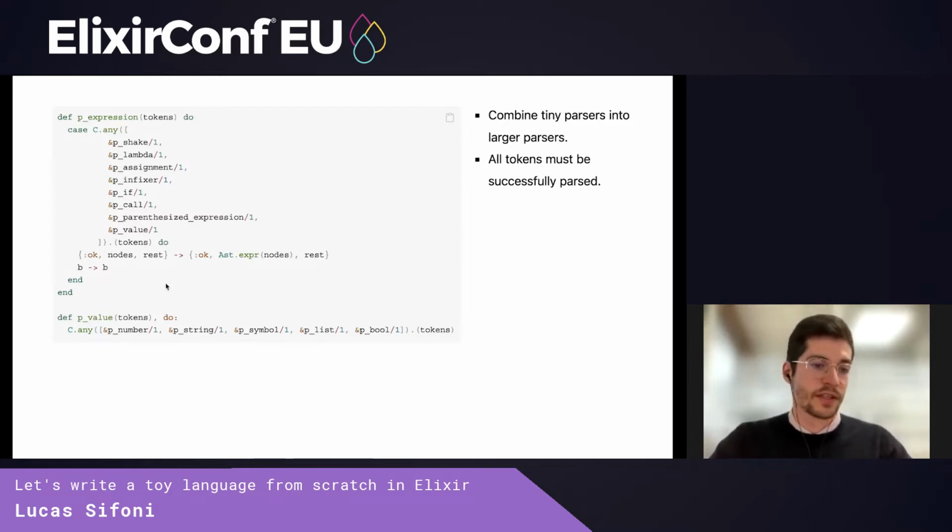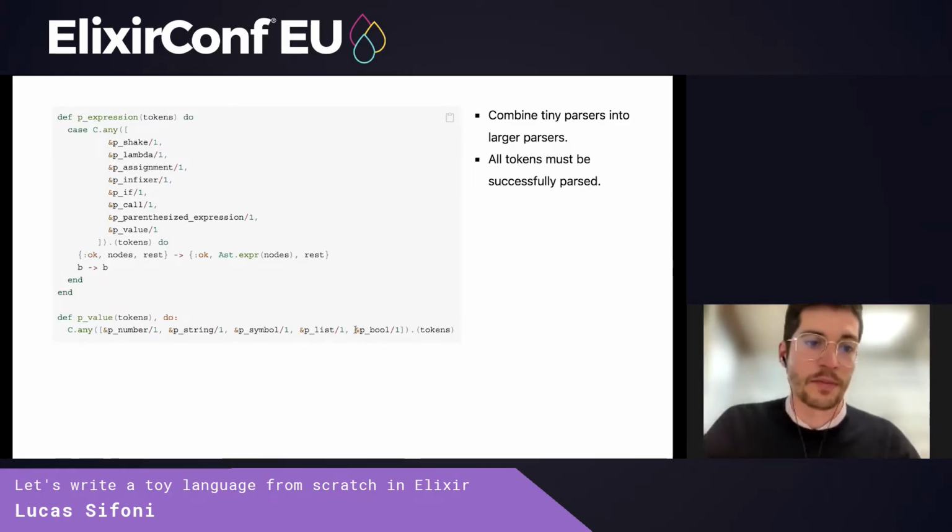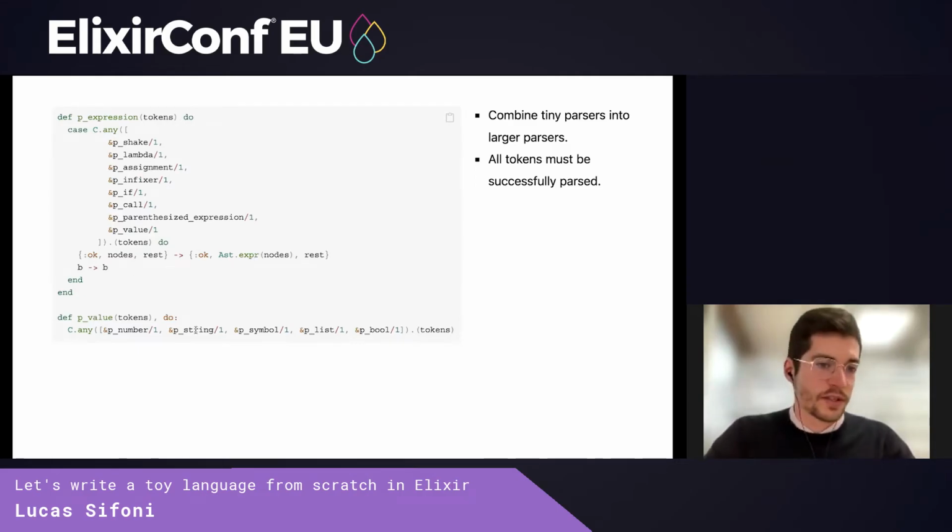And we can see that a value is any of a number, a string, a symbol, a list, or a boolean. We can also see that I work with anonymous functions since we have this dot syntax, and we'll see why in a minute.